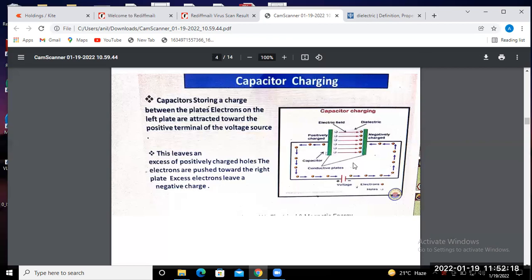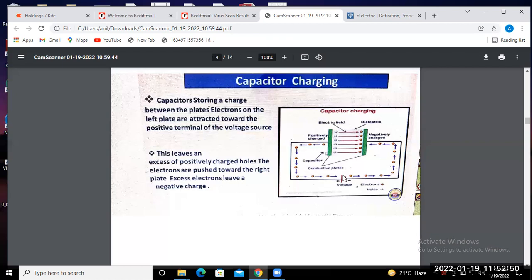So negative charge will be placed here, since the electron movement is from this direction to this direction. Electrons flow from this to this and again come back through the battery. So this plate is left with an excess of positive charge holes, and the electrons are pushed towards the right plate, leaving a negative charge.